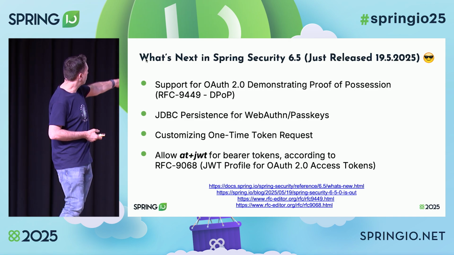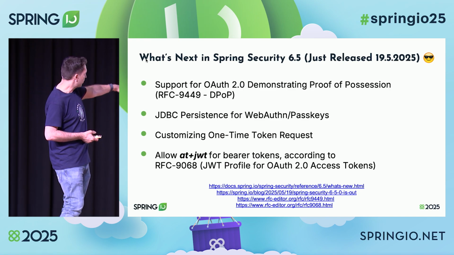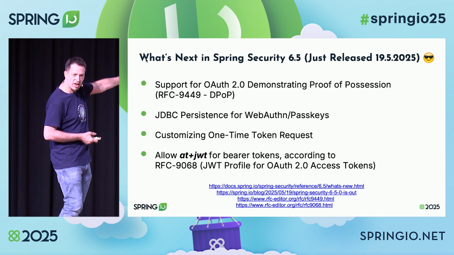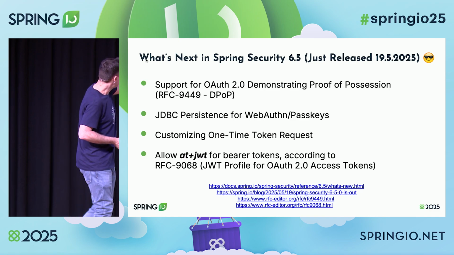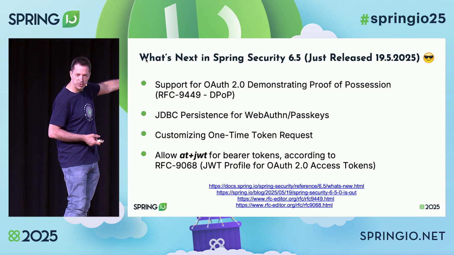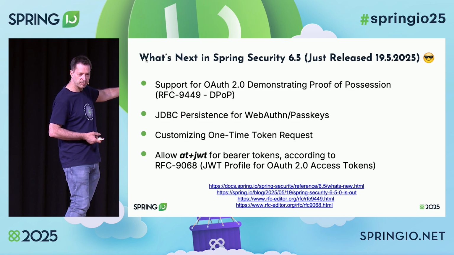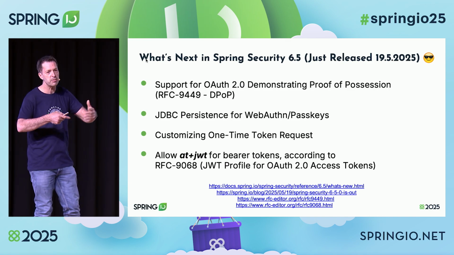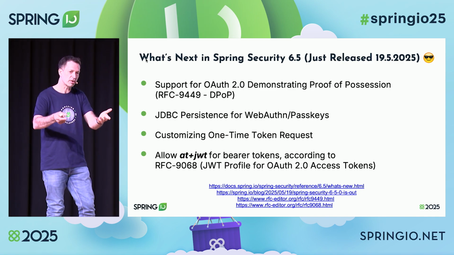Then you also have the possibility to now also use the new JWT profile for OAuth2, where you can also specify different types of the tokens. So there's a possibility to indicate this is really an access token. So the at plus JWT is a sign that this is intended to be used as an access token, because JWT tokens can be used for different things, like for some attestations, some logout scenarios.